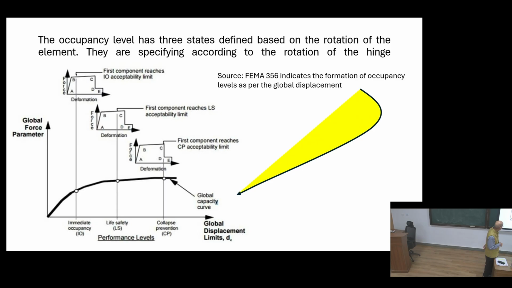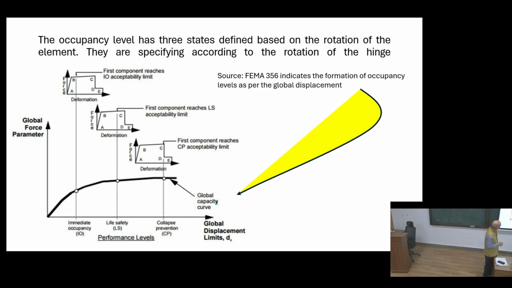Then it starts going a little into permanent deformations, and then you reach slightly lower than the ultimate load, which is called life safety. The first component reaches this level. Initially you are at almost the elastic range. So this is precisely called a bilinear curve. Okay.